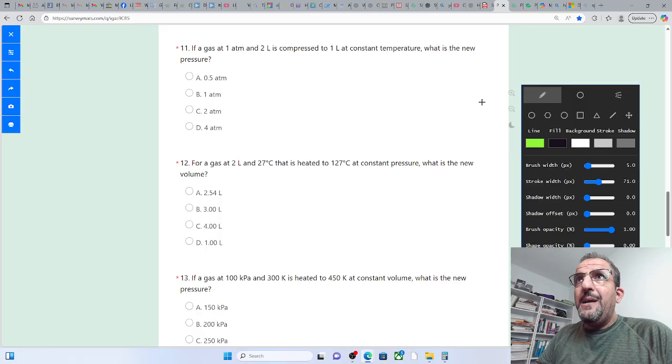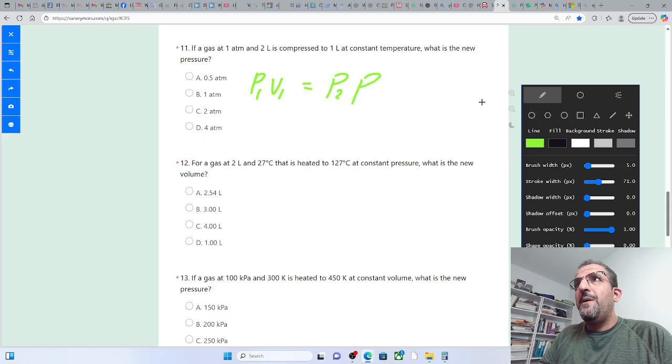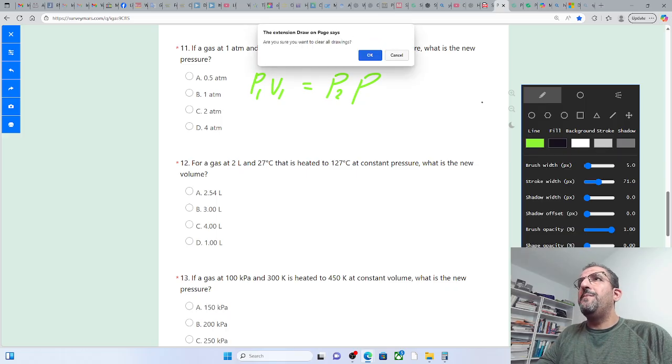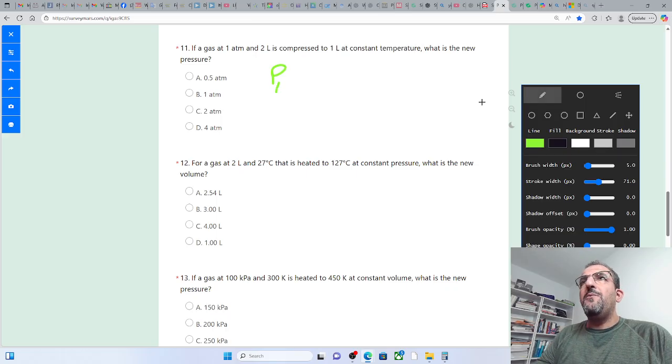So directly, guys, use this equation right here. P1 V1 is equal to P2 V2.